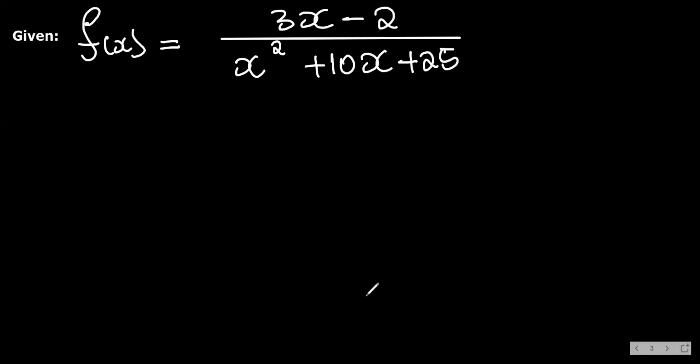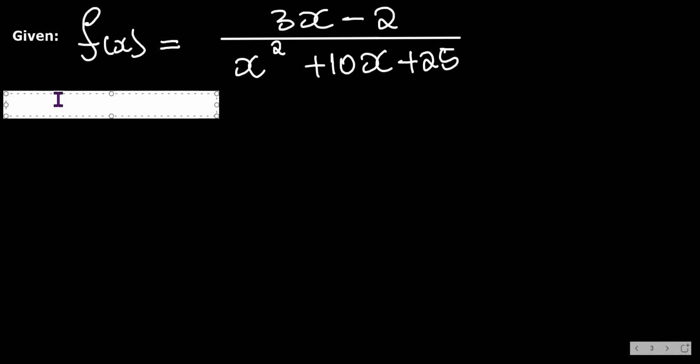Now, this is the next challenging question. Now, they say to us here, it is given to us that f of x is defined as 3x minus 2 divided by x squared plus 10x plus 25. That is our function f. Now listen to the question.